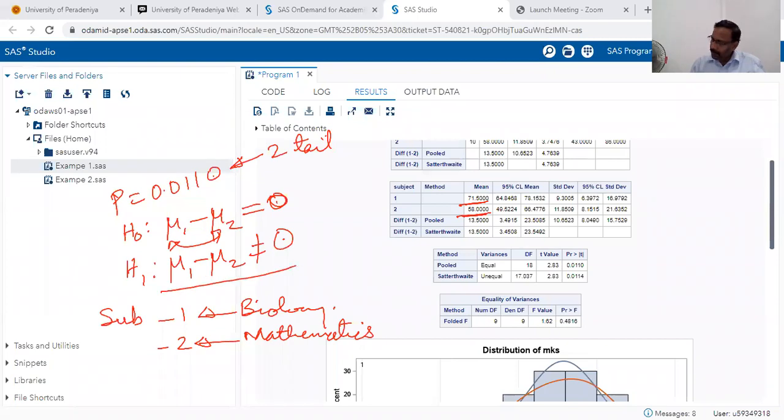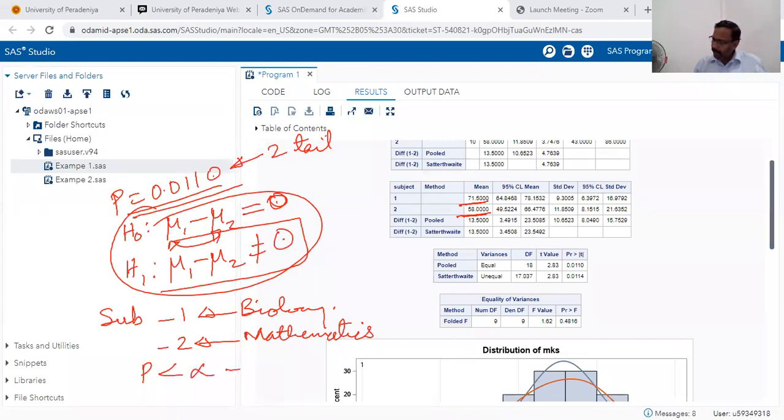Now, if you test this concept, our p-value is this. So we could say our p-value is much lower than the alpha value. Therefore, we reject our null hypothesis. That means there's a significant difference on average marks.